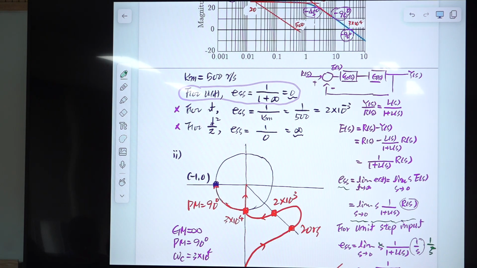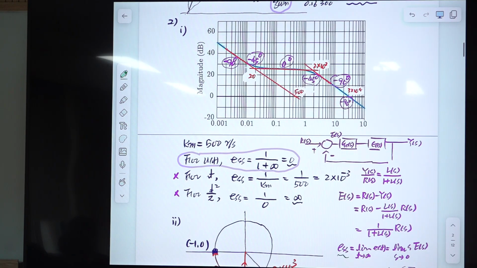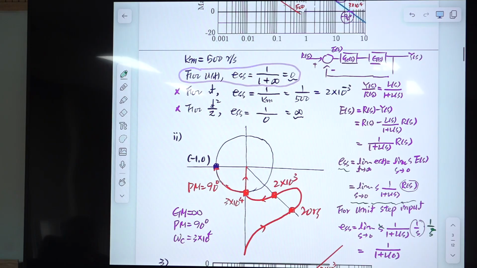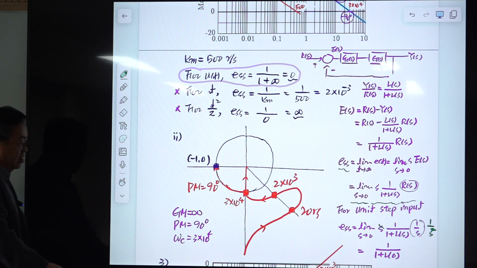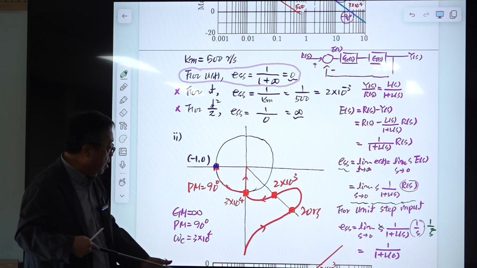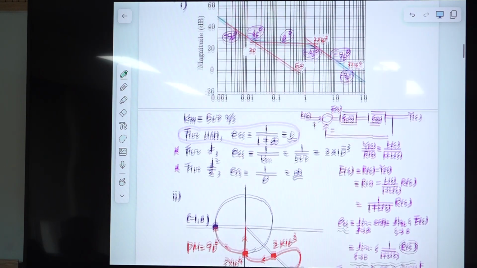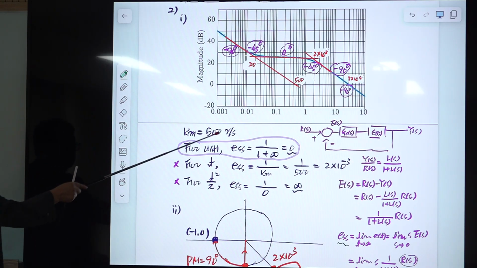And the second problem is to plot the polar plot of the loop gain. So this loop gain is given. The initial phase was minus 90, and the magnitude was very large. It starts down there and goes up. And during this midband, the phase is increasing.